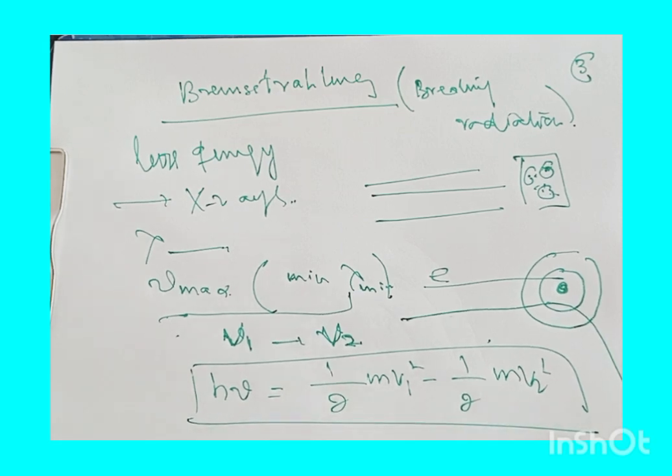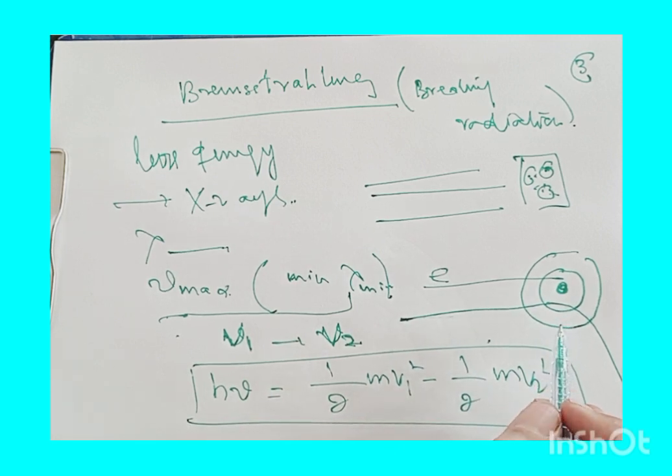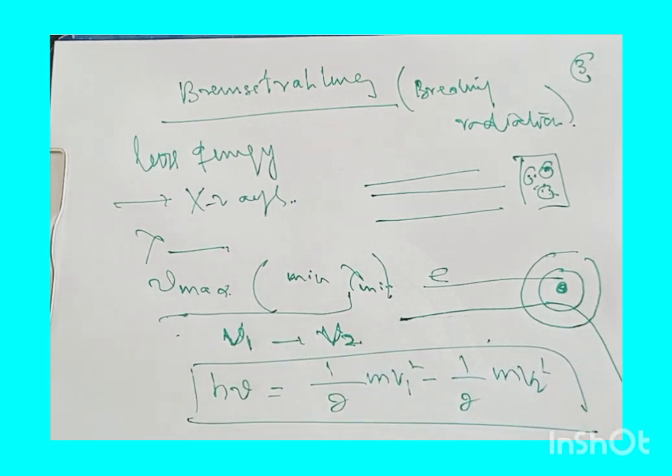Now, suppose the electron is momentarily brought completely to rest by the electrostatic interaction. In that case, the entire kinetic energy of the electron is transformed into photon energy. That's what we will say here, that the photon is emitted with maximum frequency or minimum wavelength.